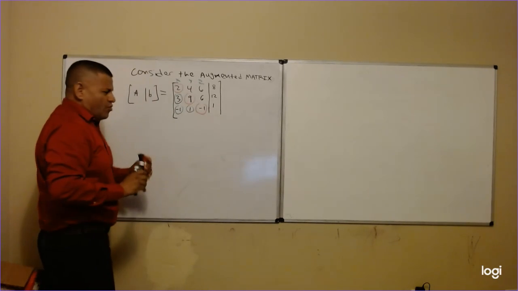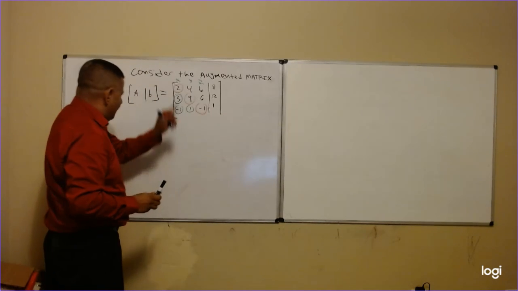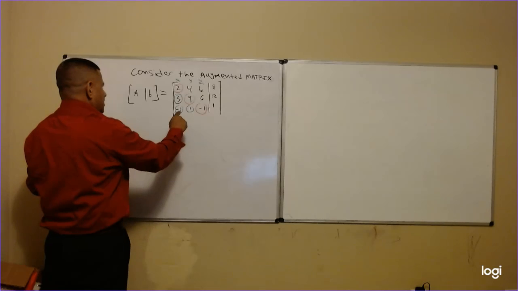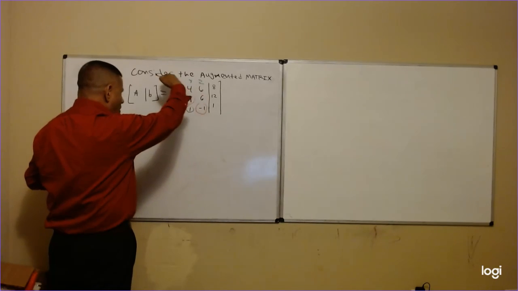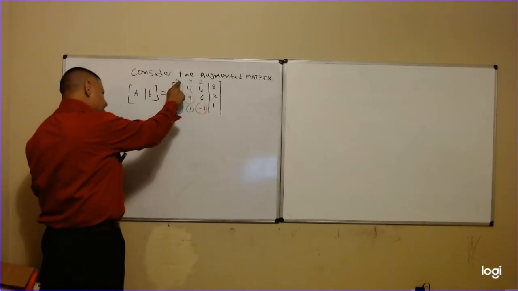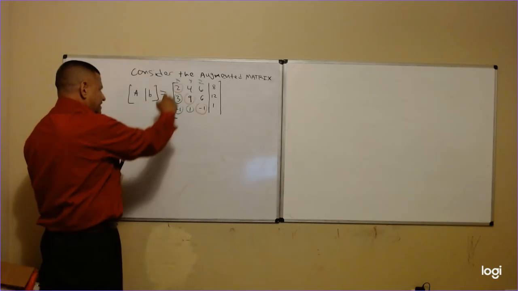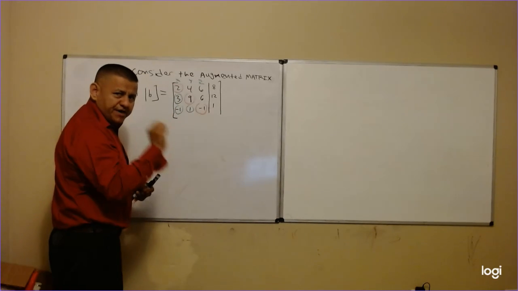Okay, so now that we have this augmented form, what we can do is try to make this row 1. My first number that I'm looking for is this one. How can I make that number a 1? This first one in the corner. I need that pivot point.